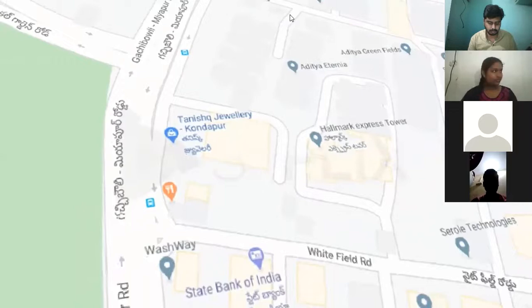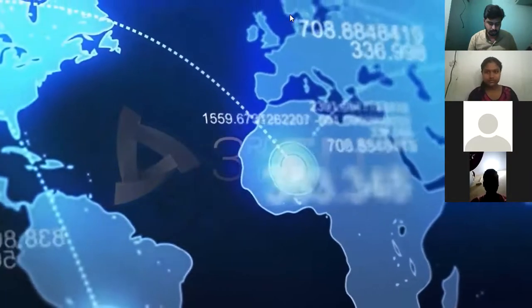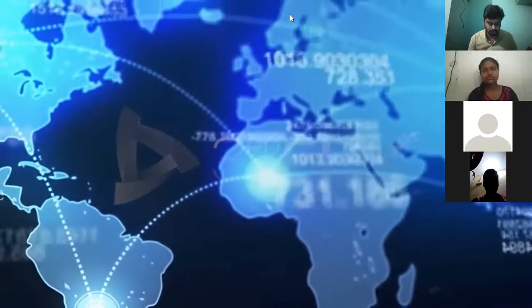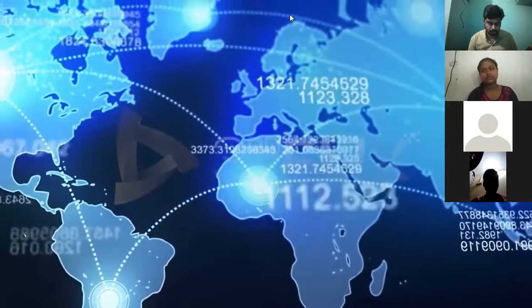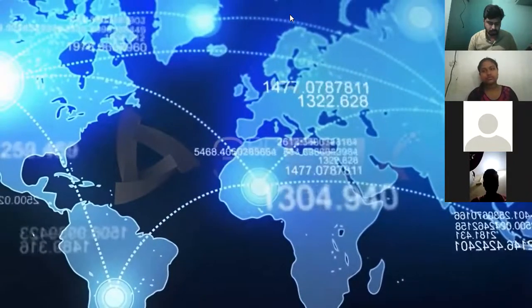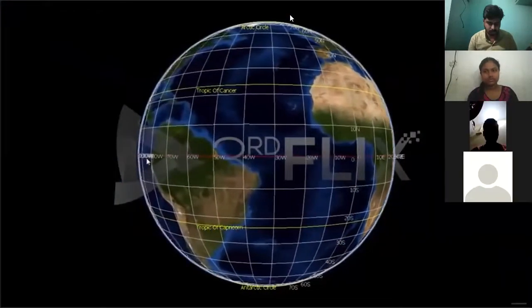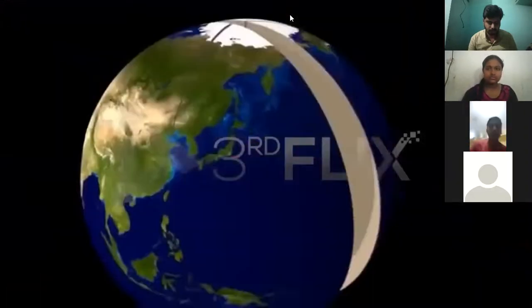etc. We use latitudes north to south and longitudes east to west to pinpoint places on Earth. It is interesting to see how using numbers in maps helps us so much. This idea of using numbers to map places comes from geometry.